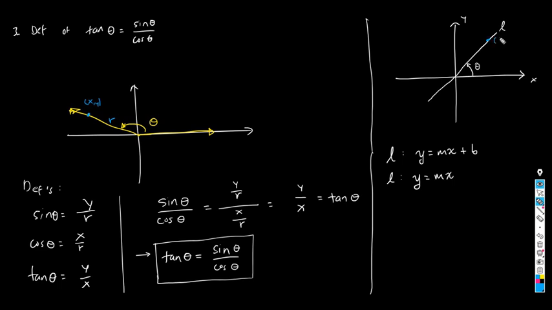Let's give this point coordinates a comma b. Therefore, we can write the tangent of this angle. What would that be equal to? According to this definition, it's going to be equal to a over b. One more time. No, I'm sorry, I made a mistake. It's going to be b over a.